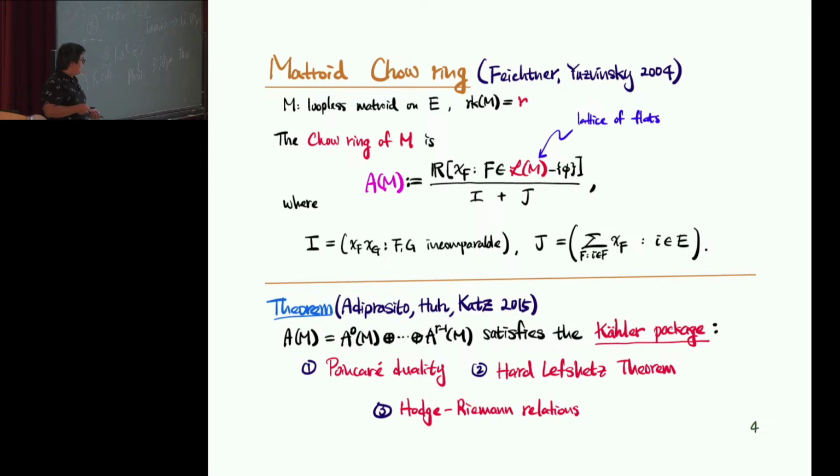And Adiprasito, Huh, and Katz in 2015, in their seminal paper, showed that the Chow ring of a matroid satisfies the so-called Kähler package, which includes Poincaré duality, the hard Lefschetz theorem, and the Hodge-Riemann relations. I will not describe what these properties mean explicitly, but it was also mentioned in Graham's talk on the first day.